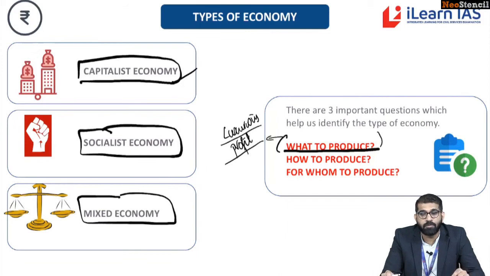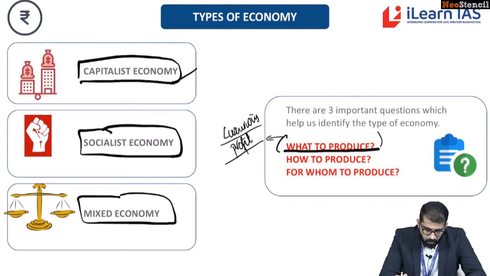They will not be going for job cuts. And the final question, for whom to produce? They will be producing products for the weaker sections of society, for those people who are vulnerable in nature, the lower class, right? Those in poverty. These are the type of people whom they focus upon.